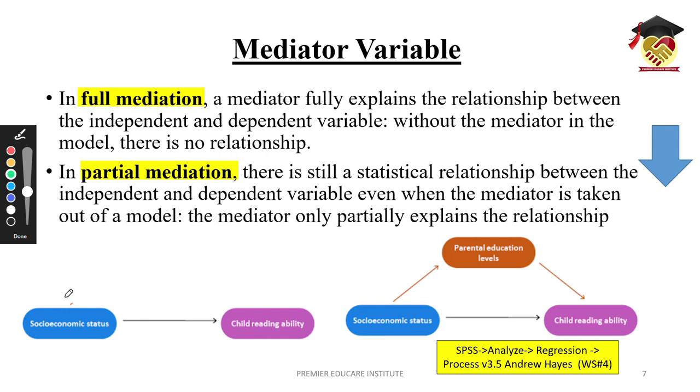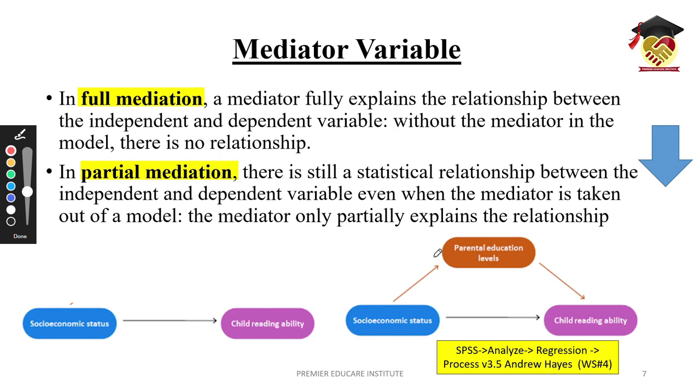Now, when you come to this right side, this is your mediating variable. What does that say? Now you are supposed to investigate the relationship with the presence of parents and without the presence of parents.